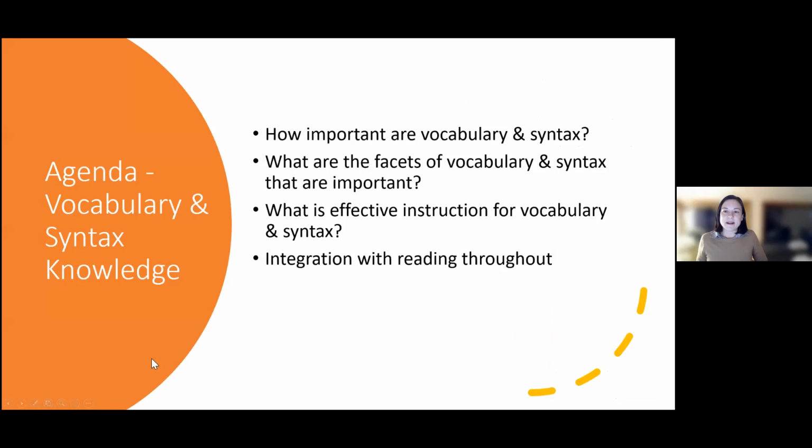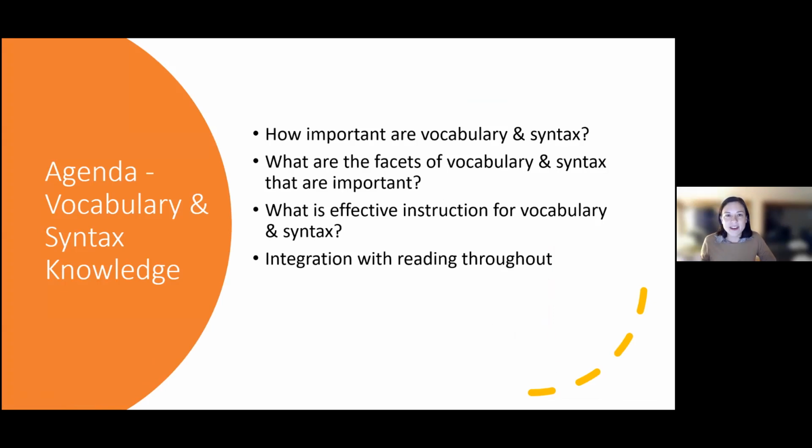So what we're going to talk about today is I want to show some new and ongoing research about the importance of vocabulary and syntax. We're going to talk about which facets of vocabulary and syntax are important. And then we'll of course go into the most exciting part, some effective instruction that increases vocabulary and syntax.